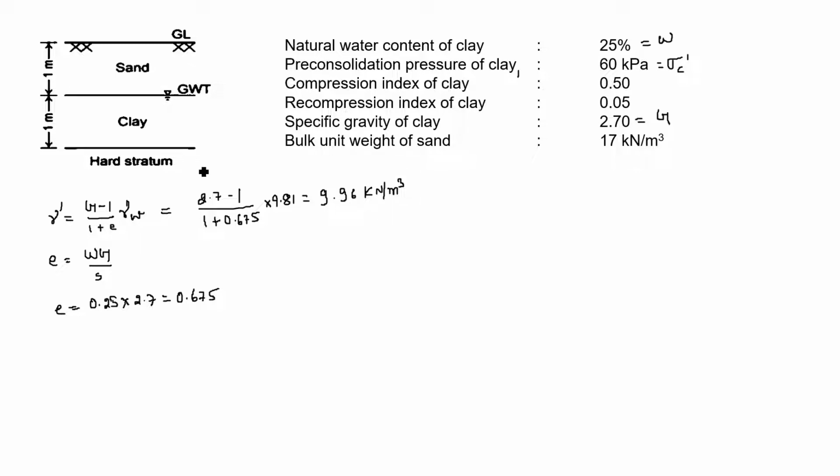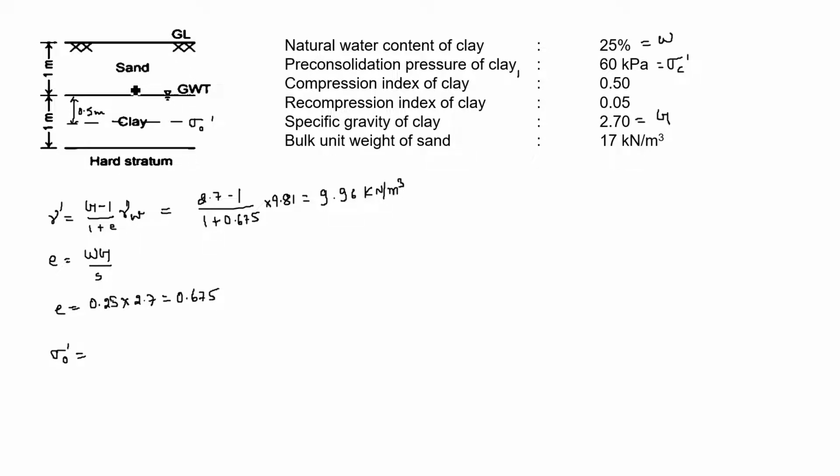Now we can find the effective stress at this point, sigma naught dash. At the mid of the clay layer, this will be 0.5 meter, since the depth of the clay layer is 1, so 1 by 2, 0.5 meter. Sigma naught dash will be the unit weight of soil just before the placement of the fill, since we are computing the initial effective stress, that is before placing the fill.